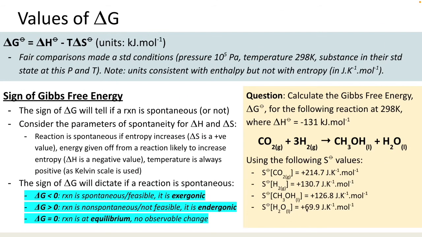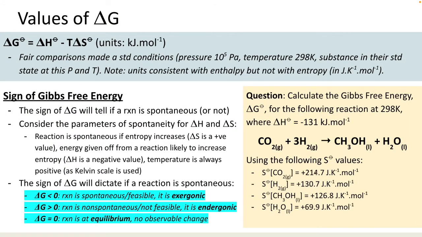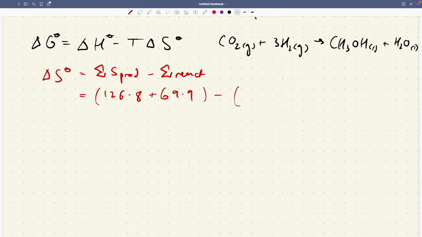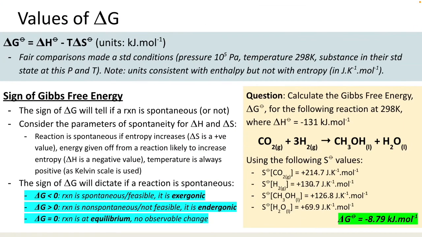Liquid water is 69.9. And then we're going to subtract that from the reactants. So we have carbon dioxide, 1 molar equivalent of carbon dioxide, 214.7. And importantly, like we said last time, you've got to take into account the stoichiometry. So we've got 3 molar equivalents of hydrogen. So we've got to get that entropy of 1 hydrogen. Whoop, don't look at that. Oh, I guess you've already done it by now if you have looked at that.